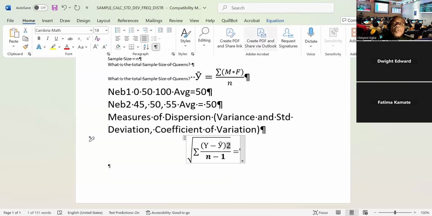So this is to the power 2, and you divide by n minus 1. So if you have grouped data, you include the frequency. If you do not have grouped data, you do not include the frequency, okay? Just for each observation, you take the value minus the mean and you square it, and then you get the sum, divide by n minus 1 and get the square root. This becomes the standard deviation.